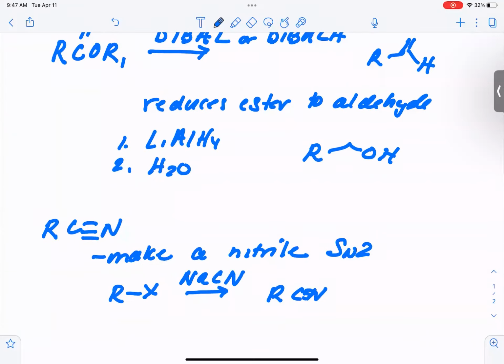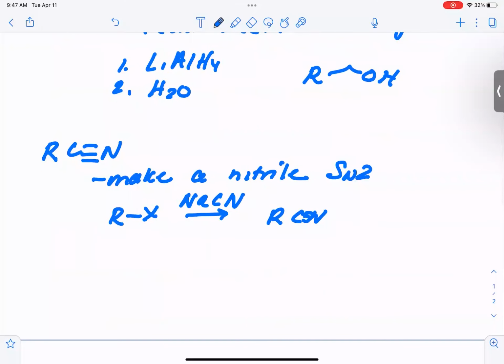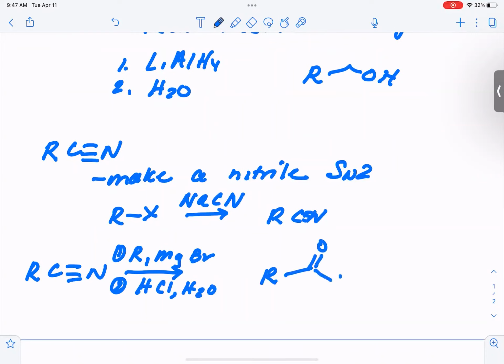And then what we did was we did 2 reactions with these nitriles, where if you take a nitrile and you add a Grignard reagent, you get a ketone.